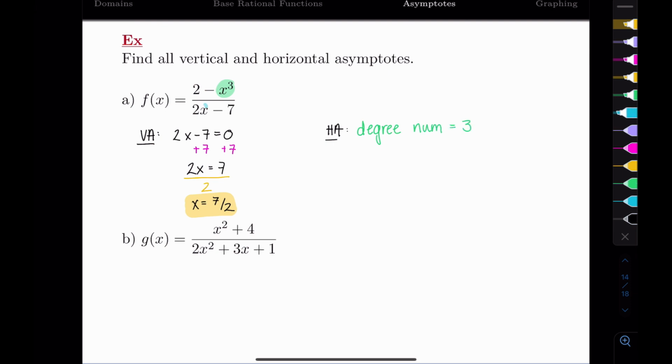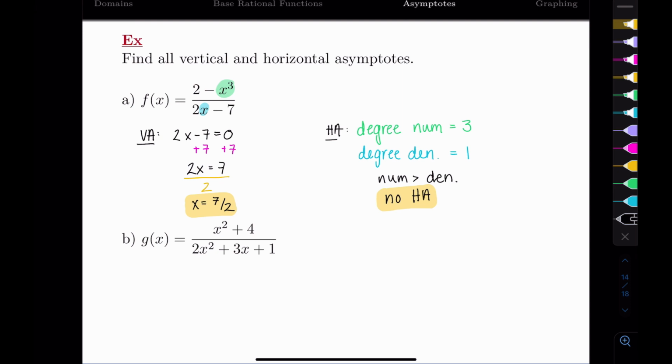And then when we look at the bottom, the highest power we have is x. So the degree of the denominator is really 1. So this is the case that the numerator is bigger than the denominator. And when that happens, there is no horizontal asymptote. All right.